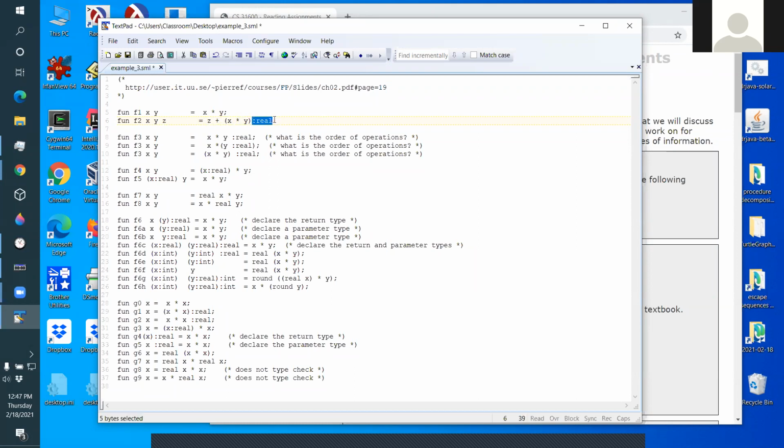This is the return type of that expression. So that expression returns a real. So that means this is the sum of a real with a real. So this guy's a real, and then you're adding up reals, so the return type of the function is real. But this was not the return type of the function. This was the return type of only that sub-expression. But then it turned into the return type of the function.